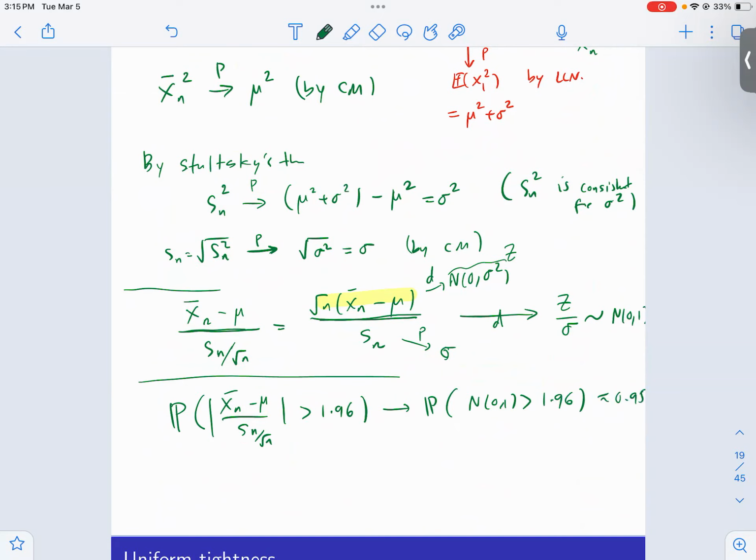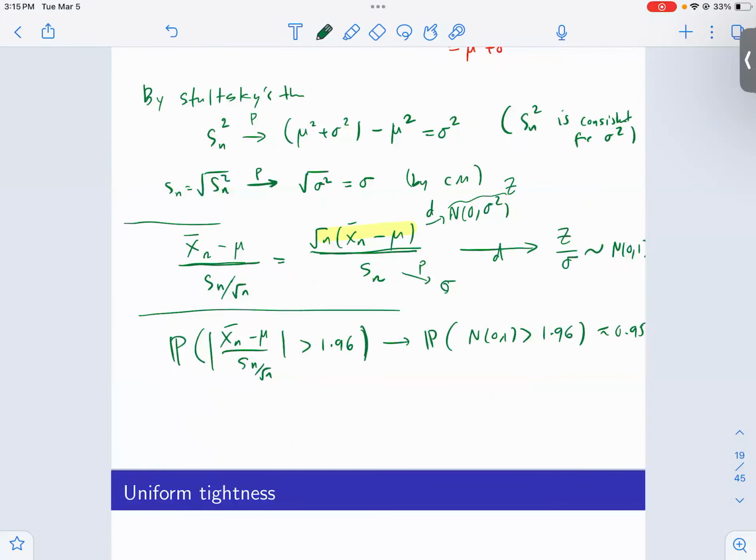If that's the case, then I can rearrange: you get that mu belongs to the interval from X bar n minus 1.96 Sn divided by root n to X bar n plus 1.96 Sn divided by root n. The probability of this converges to 0.95.